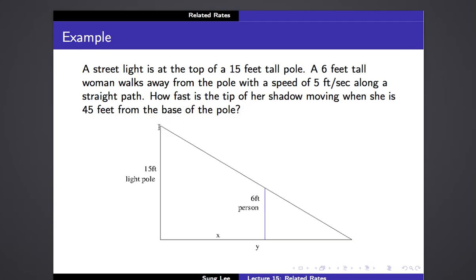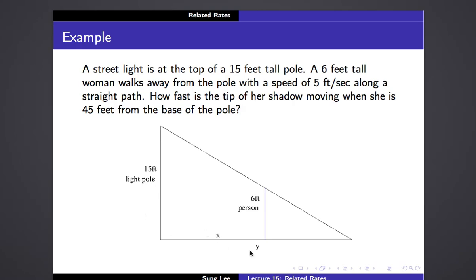Here it's actually in the form of a right triangle. The height of this right triangle is 15 feet, the light pole, a straight light pole with length 15 feet.